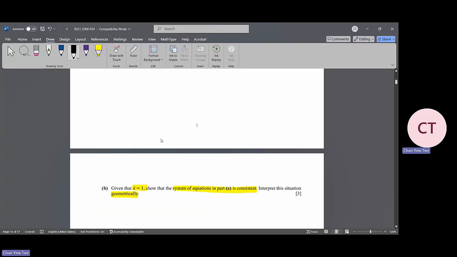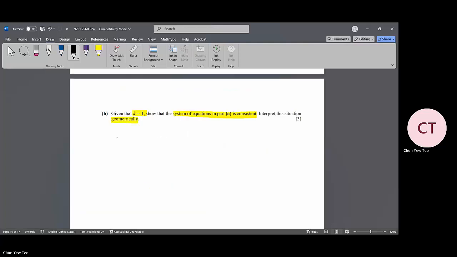So you will get x plus 2y plus 3z equal to 1. x plus 5y plus 6z is equal to 1. And 7x plus 2y plus 9z is equal to, or this one is 2.